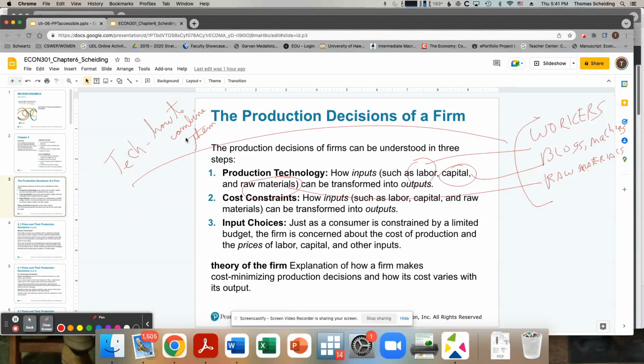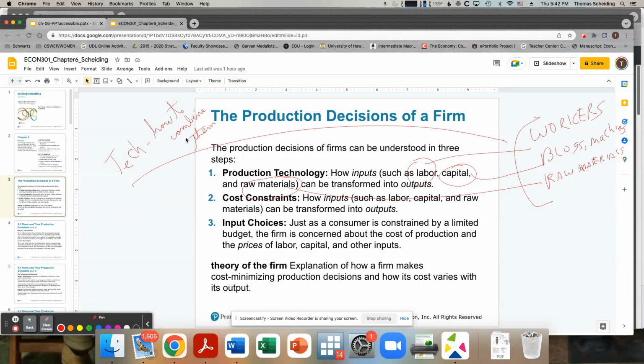Now, each of these inputs costs something. So there's our constraint, right? You don't necessarily pick the cheapest thing because the cheapest thing might not be that productive. So we're concerned about how costly a certain input is, keeping in mind how productive it is as well.